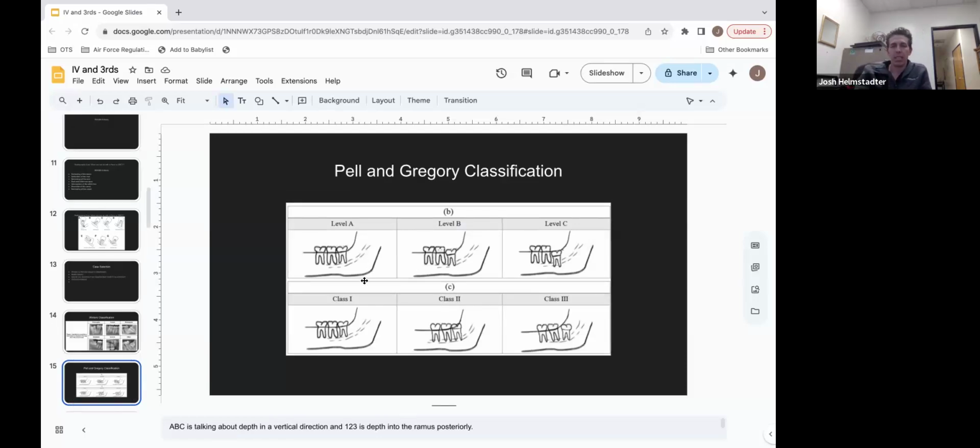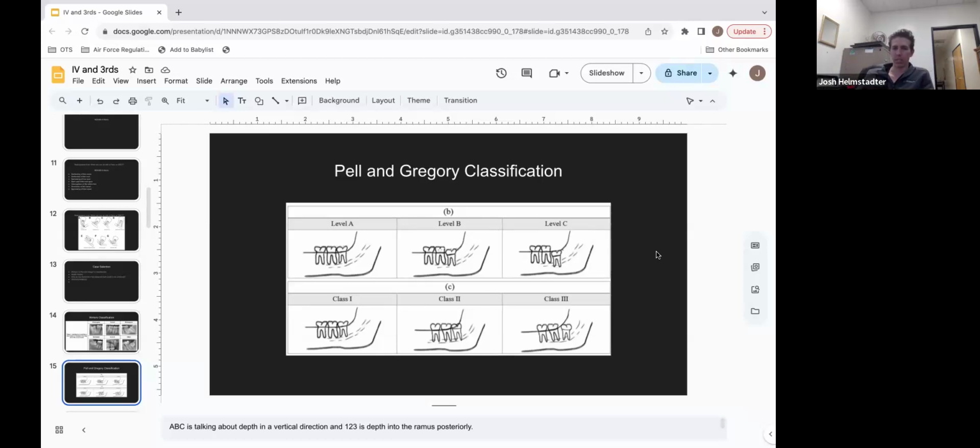The level B impaction is where the cusps of the third molar are between the CEJ of the second molar and the cusp tips. And then level C means the cusps of the third molar are apical to the CEJ. And then there's classes 1, 2, and 3, which are talking about anterior posterior impaction in terms of the ramus.